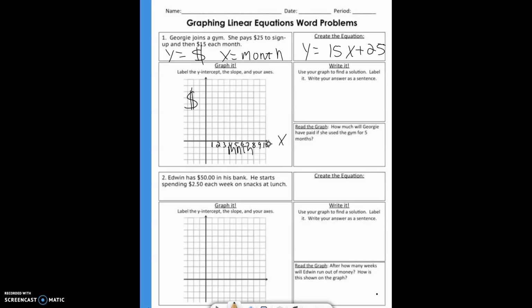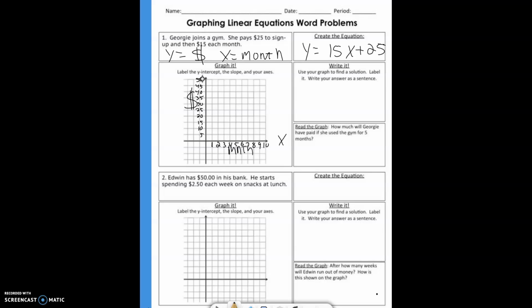So I would say maybe go by fives: 5, 10, 15, 20, 25, 30, 35, 40, 45, 50. Again, that could change. You could even go by tens. That's really up to you how you want to go with your increments as far as the money.